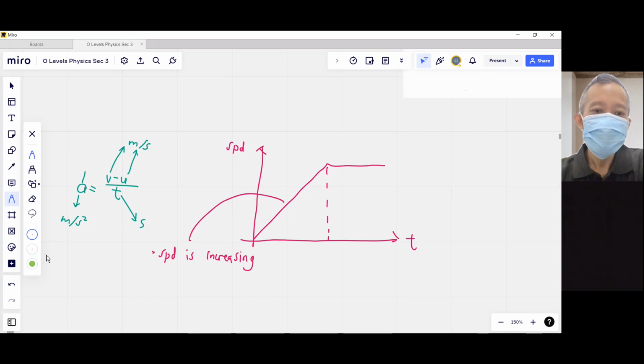It's increasing and it's a straight line, so it's at constant acceleration. Okay, reminder, even for Fujin as well, this is constant acceleration because it is a straight line. Of course, you don't have to write that in your answer.